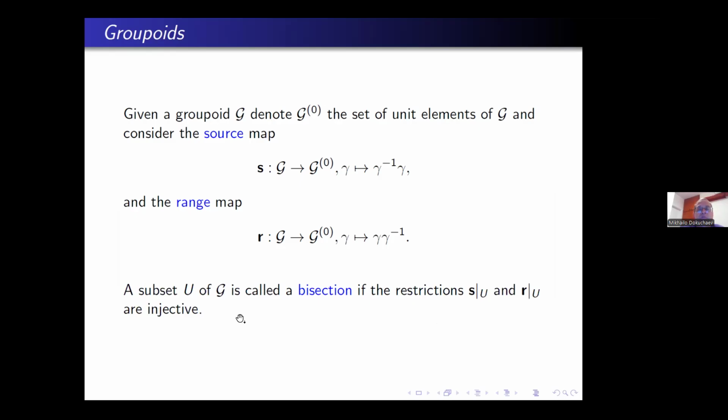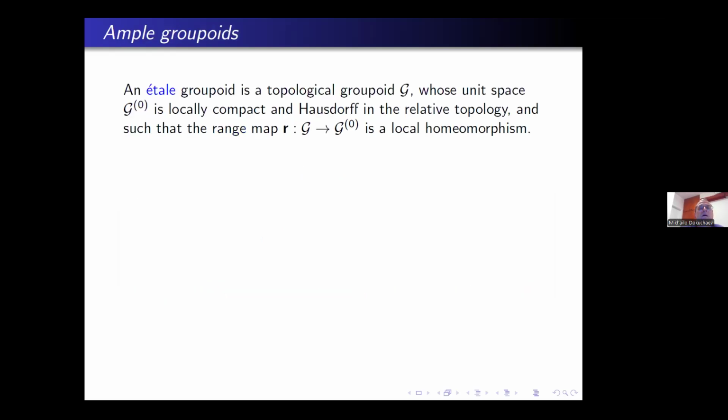So a subset U of the groupoid is called a bisection if the restriction of the source map on U and the range map also on U are both injective, right? Okay, an étale groupoid is a topological groupoid whose unit space is locally compact and Hausdorff in the relative topology, and the range map is a local homeomorphism.